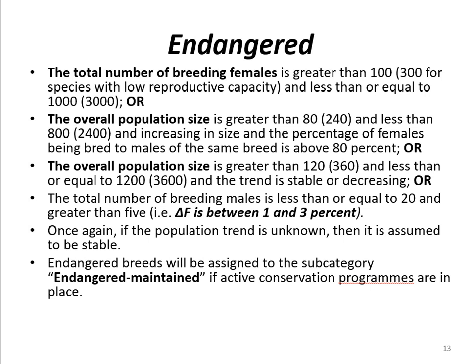And you can see delta F here should be between 1 and 3%. So if our delta F is between 1 and 3%, we will categorize it as endangered. And once again, if population trend is unknown, then we will assume it to be stable. And endangered breeds will be assigned the subcategory of endangered maintained if an effective conservation program does exist.